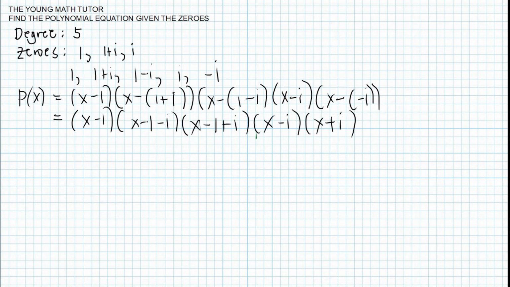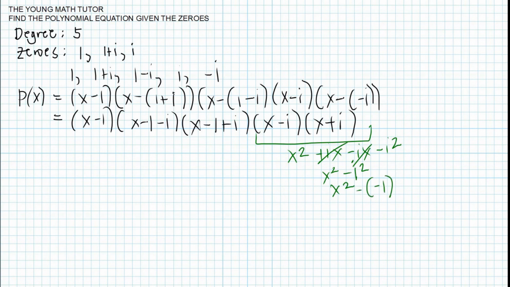So let's begin with x minus i and x plus i. So using FOIL, that would just be x squared plus ix minus ix minus i squared. So the middle terms zero out, so that's x squared minus i squared. And we know that i squared is negative 1, so that's x squared minus negative 1, or x squared plus 1.